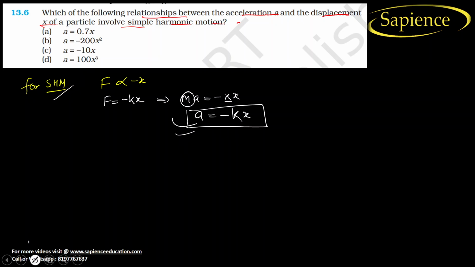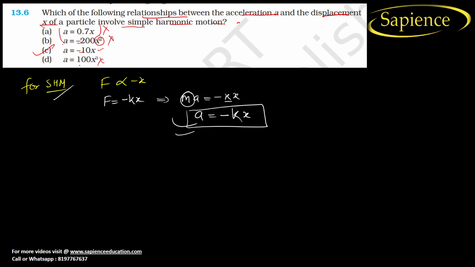So let us go one by one. A is equal to, not minus sign, negative sign. So this is not an S.H.M. Acceleration has a minus, but it's a square term. So this won't work. See, in the question, A has a minus and x is directly proportional. So this will be the correct answer. And a is equal to 100x cube.